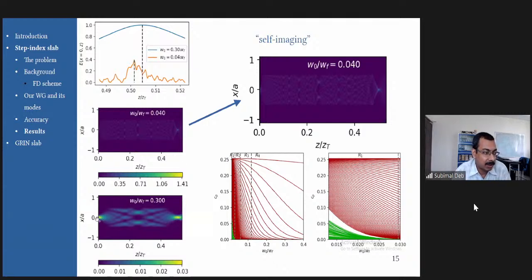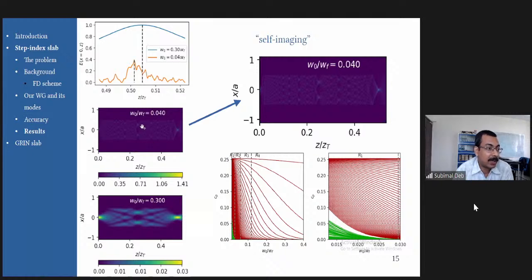If I plot the intensity along x equal to 0, you find that the intensity is replicated. These plots I have normalized with respect to the intensity at x equal to 0. So at the Talbot distance, the intensity is faithfully reproduced for the paraxial regime.